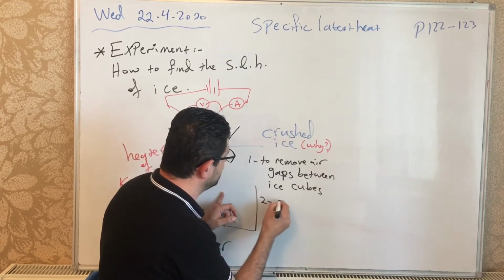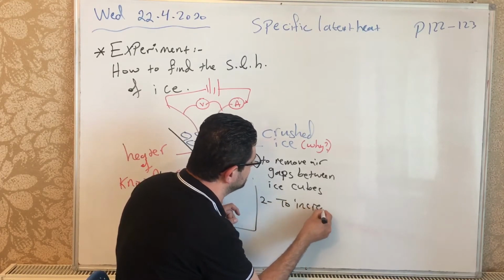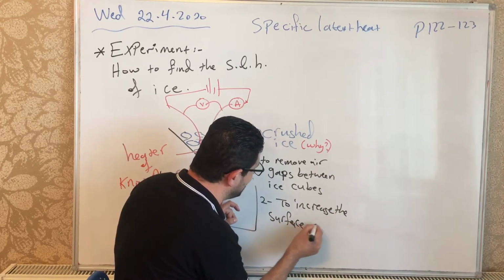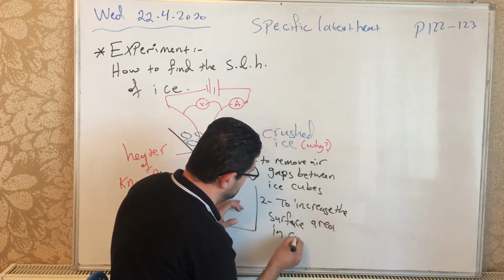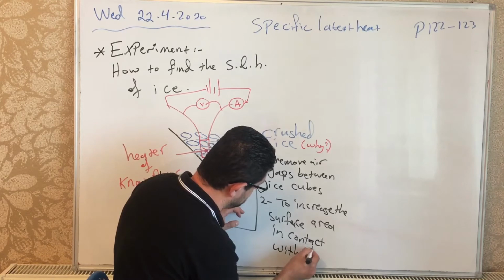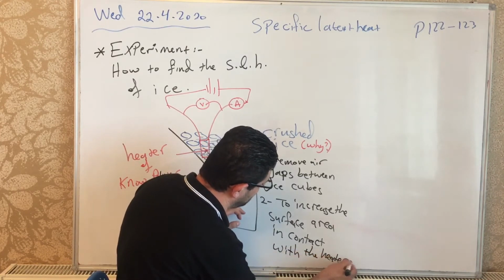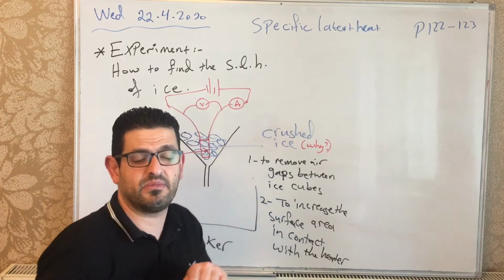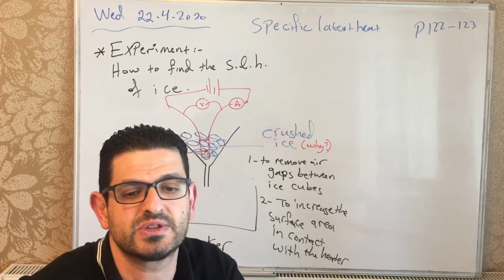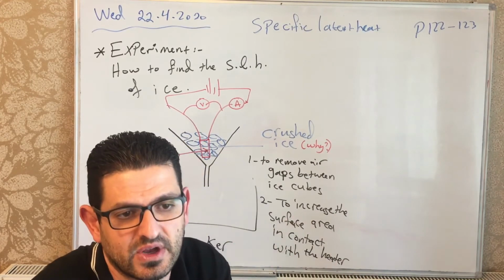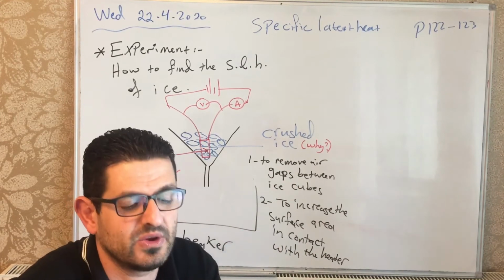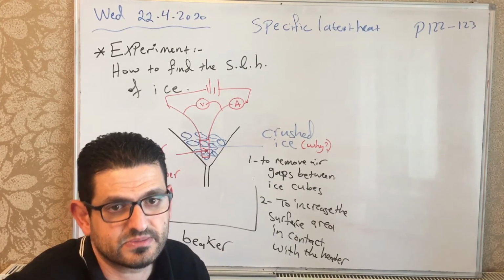Second, to increase the surface area in contact with the heater. Again, not because we want it to be faster, no. We just want to make sure there is no heat being lost. So more surface area in contact with the ice and no air gaps between ice cubes. This is why we use crushed ice.